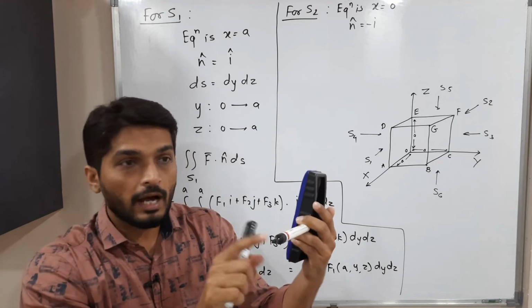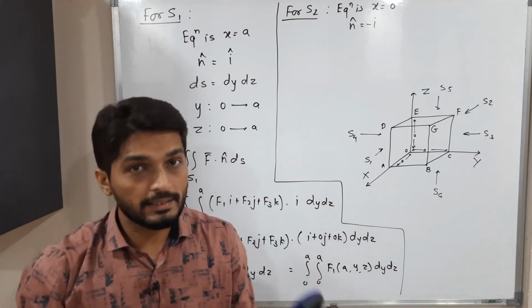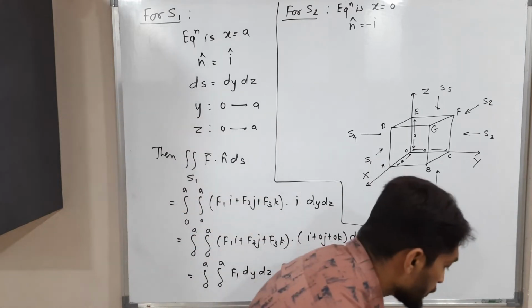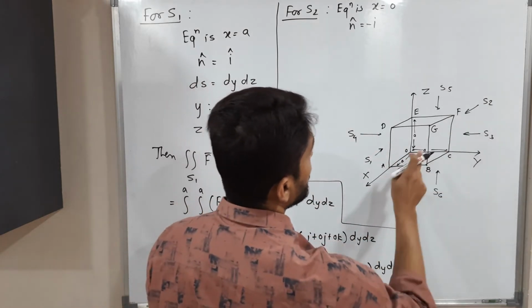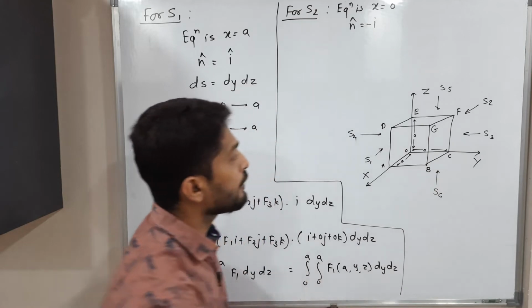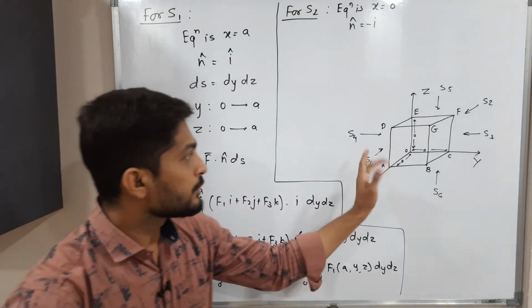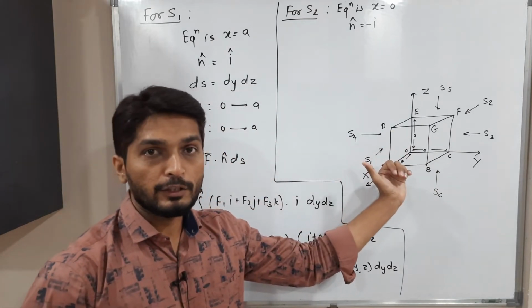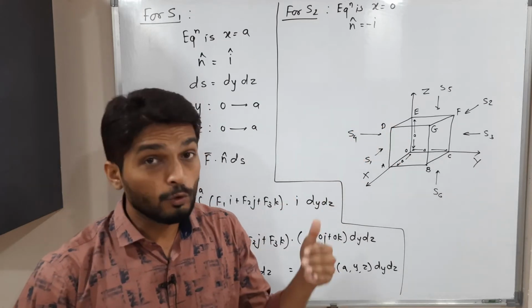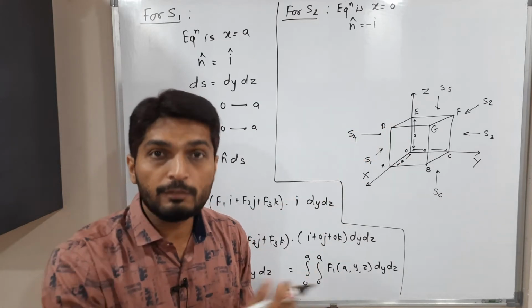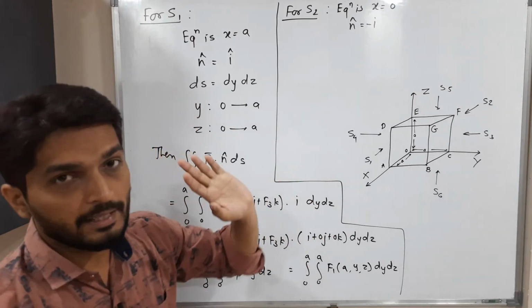So if you consider i cap here, you should consider minus i cap. For S1 we have a normal vector in the direction of positive x-axis, but for S2 the normal vector is in the direction of negative x-axis. So it will be minus i.